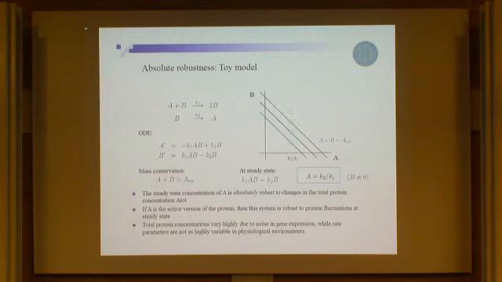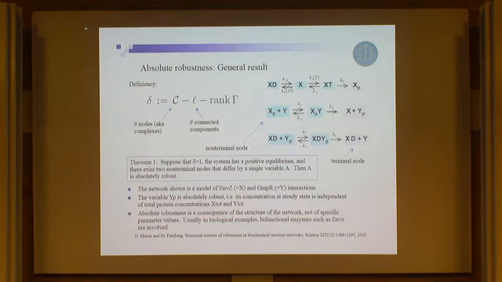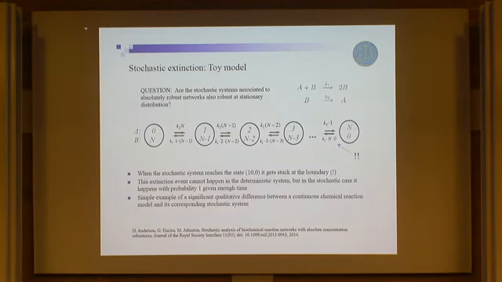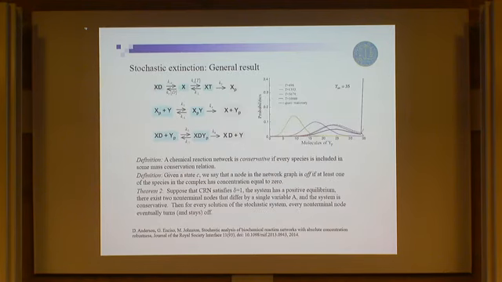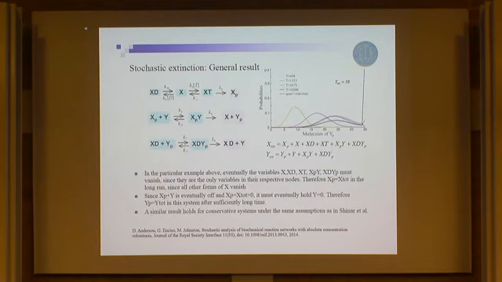In the network that you're seeing, I cannot see why everything is not going to end up in XP and YP. You mean deterministically? Yeah. Why doesn't it all end in XP, YP? Whatever X total you had will go to XP, whatever Y total will go to YP.